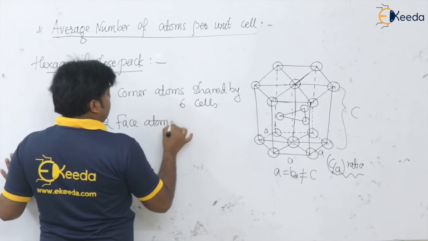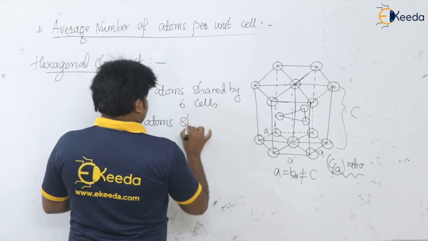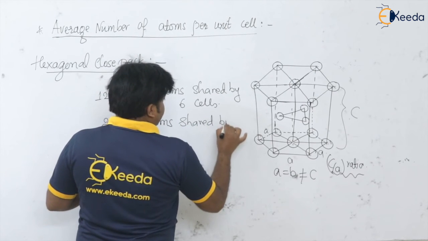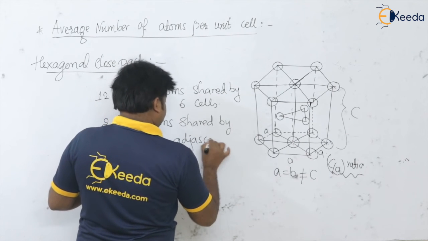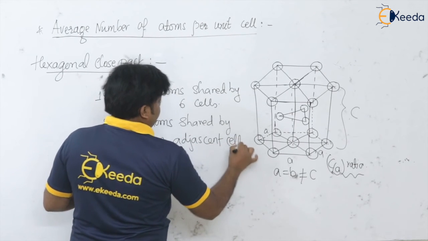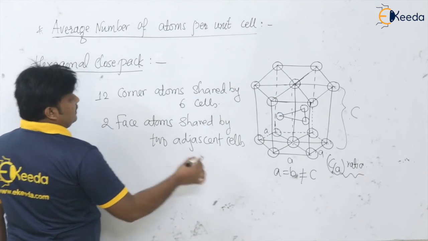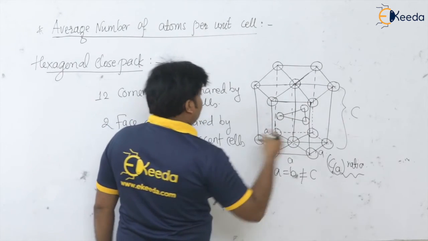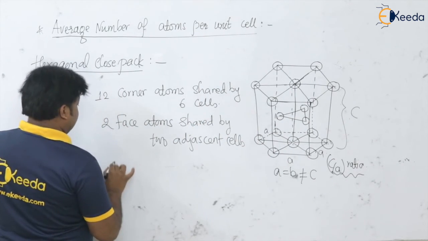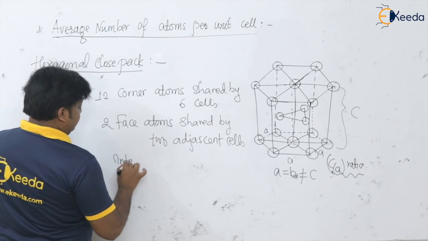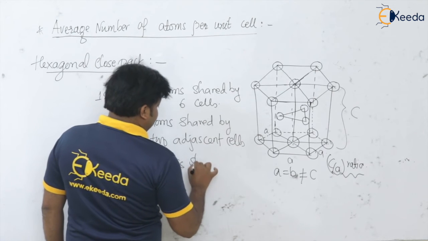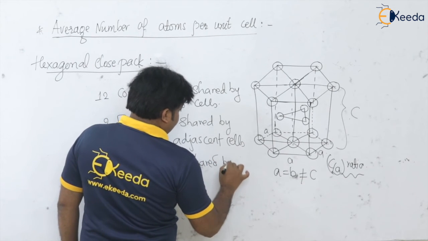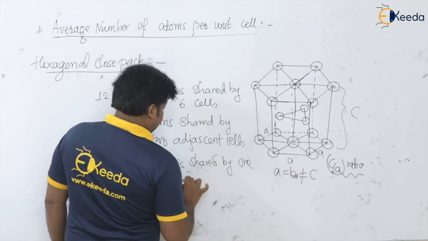We know face atoms are shared by 2 adjacent cells, and the interior will be shared by only 1 unit cell, single unit cell.